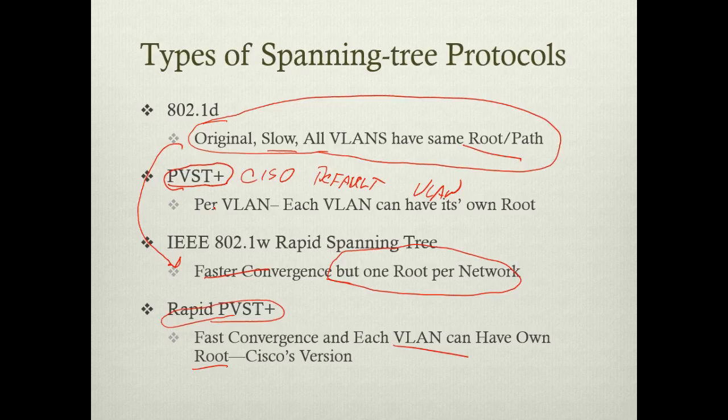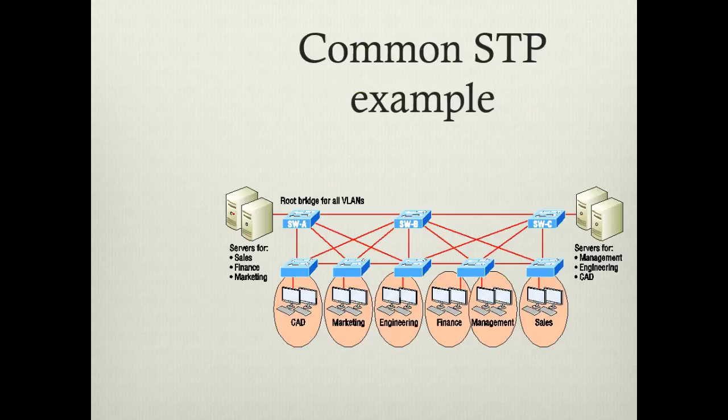And if you do rapid, all of the switches have to support it before it's actually going to work for you. This is the common one, and in this one they all have the same root bridge. We have servers here for management, engineering, and CAD, and servers here for sales, finance, and marketing.